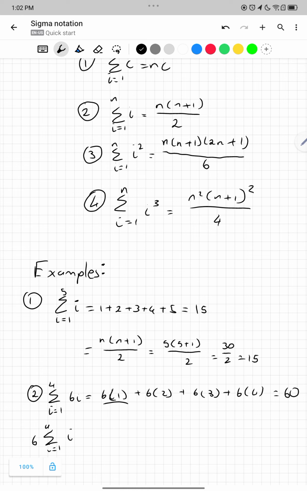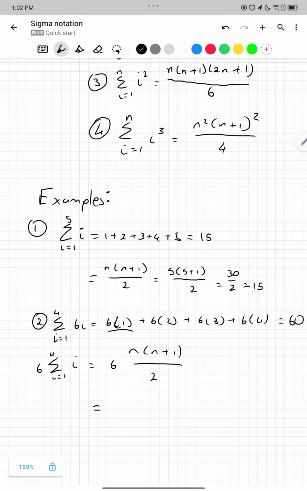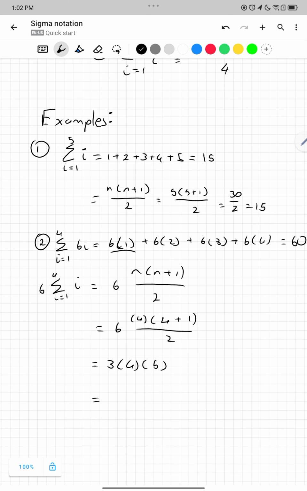So we're going to have 6 times n times n plus 1 all over 2, which is going to equal 6 times 4 times 5 over 2, which is going to be 3 times 4 times 5, which is going to be 12 times 5, which is going to be 60. See, you get the same answer.